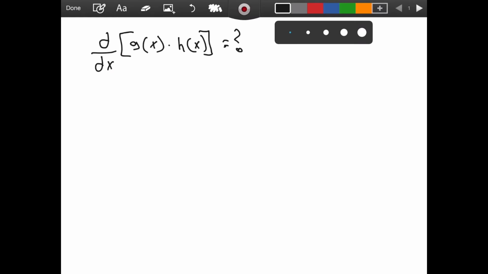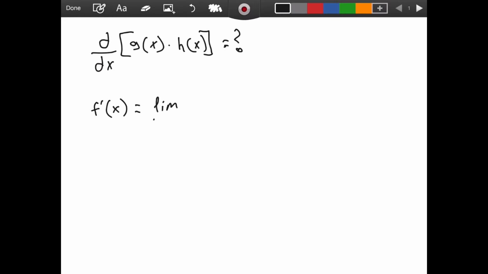If you want to find f prime of x, which means the derivative of f with respect to x, this is simply equal to the limit as delta x approaches 0 of f of x plus delta x minus f of x, all of which is divided by delta x. This is one of the definitions of the derivative.